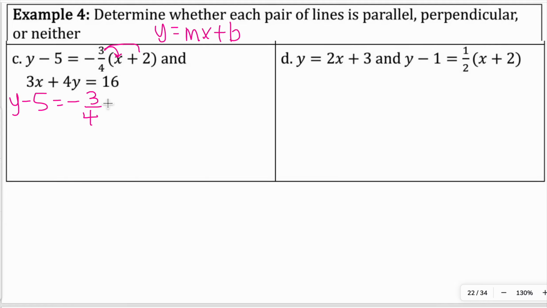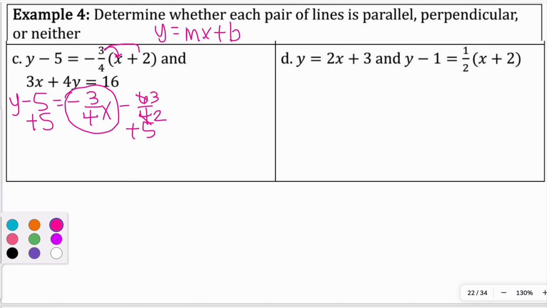So -3/4 x, and then -6/4, or you can even say 3/2. And then I would add 5 to both sides. I can even really stop here because it's going to show here's my slope, -3/4 x.